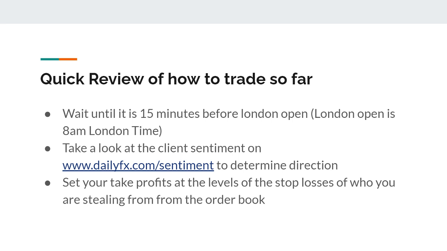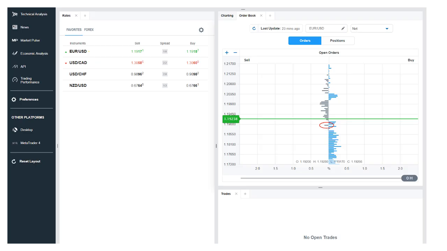Finally, we take a look at the order book to identify at which levels the retail traders place their stop losses, and that's where we put our take profits, at the levels of those stop losses. Remember, if you are going short, you would set your take profits at the levels of the stop losses of buy orders.